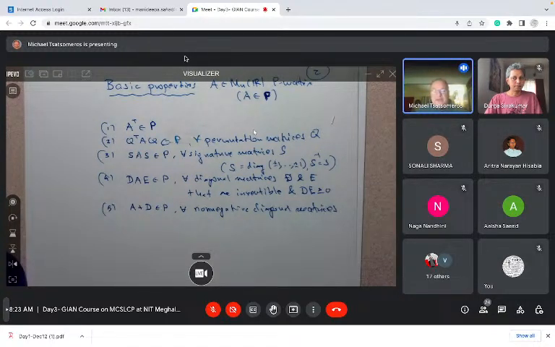As long as it's a non-negative diagonal matrix, you add it to a P matrix, it remains a P matrix. And I'll mention a cute proof of this in a second.